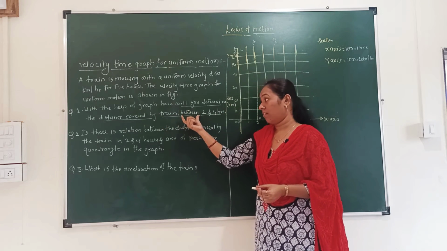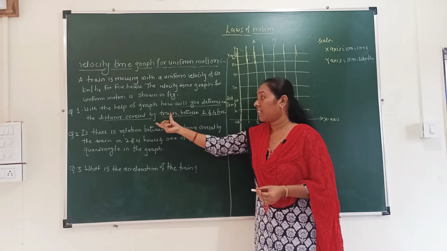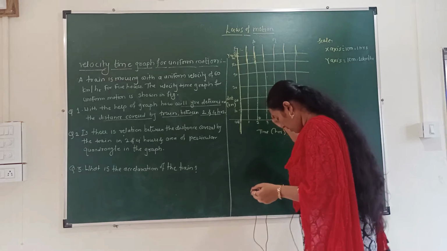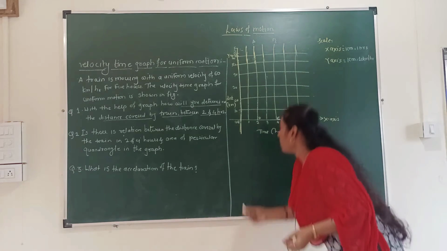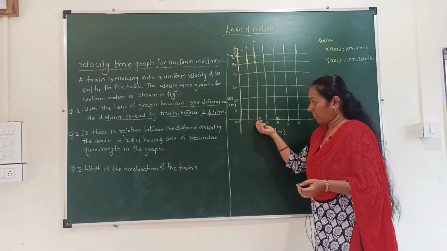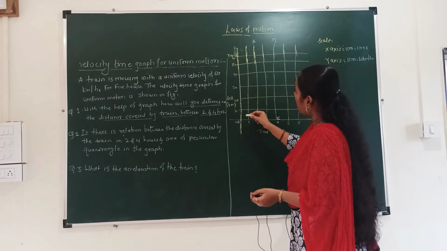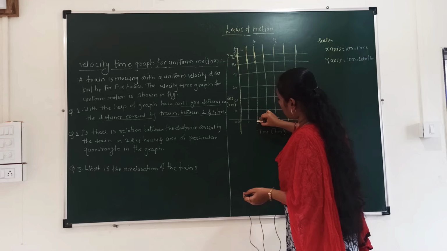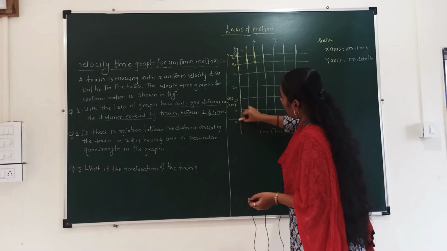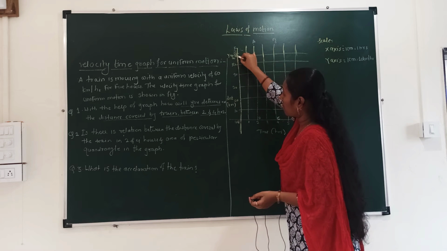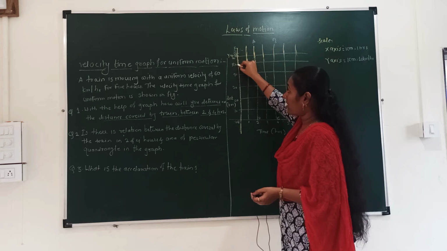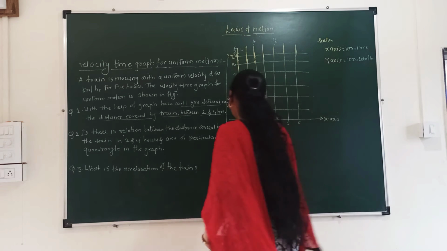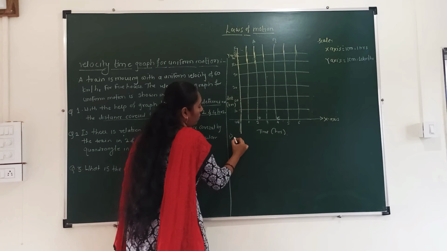So the answer of the first question is, first of all, we will calculate the distance covered by the train between 0 to 2 hours. What is the rectangle of the distance covered from 0 to 2 hours, and the velocity of the train is 60 kilometers per hour. So here is the answer of the first question.